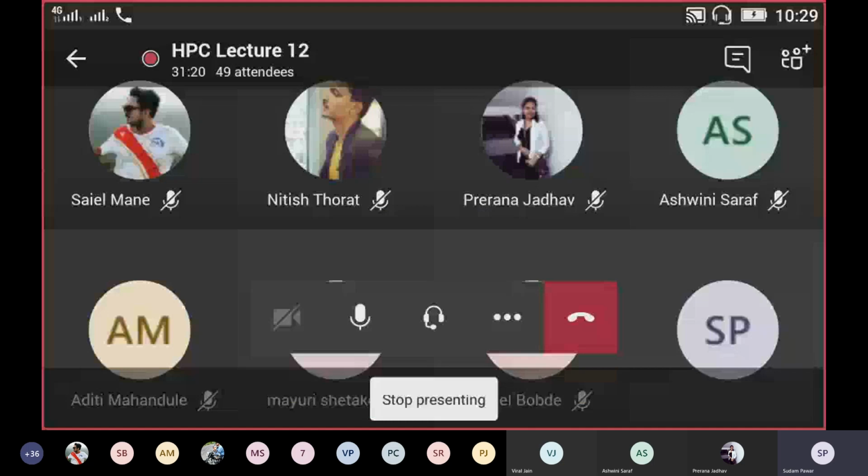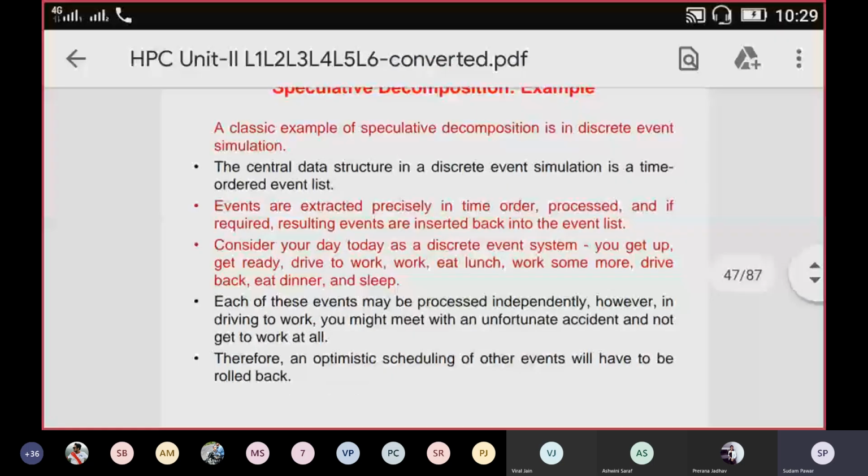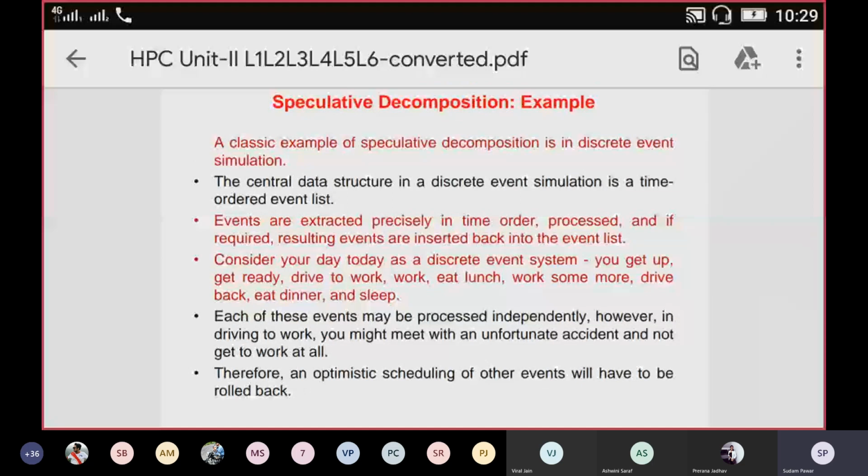Anyway, we'll see a real-life example of speculative decomposition, which everybody experiences every day. Events are extracted precisely in time order and processed, and if required, resulting events are inserted back into the event list. Consider your day today as a discrete event system.